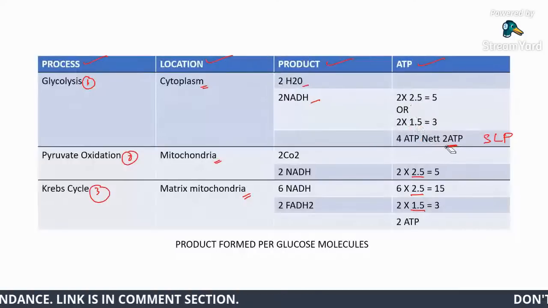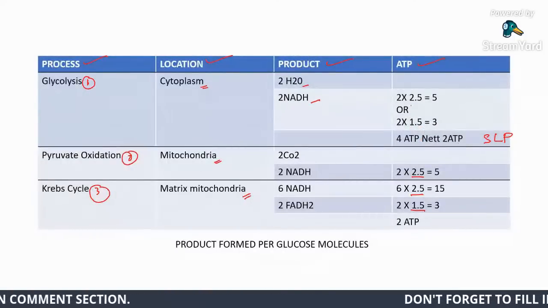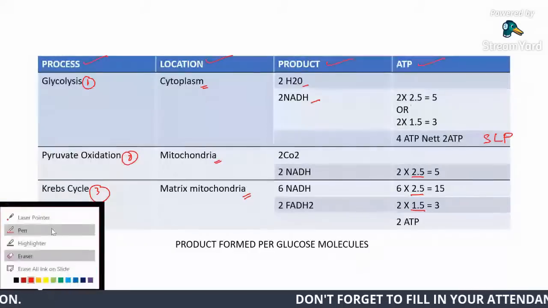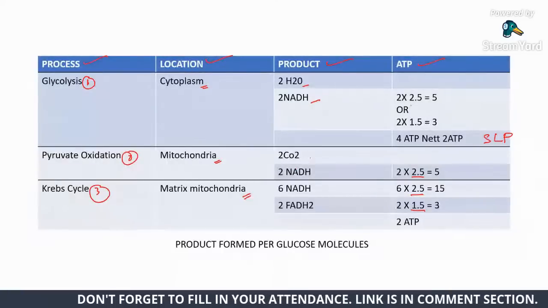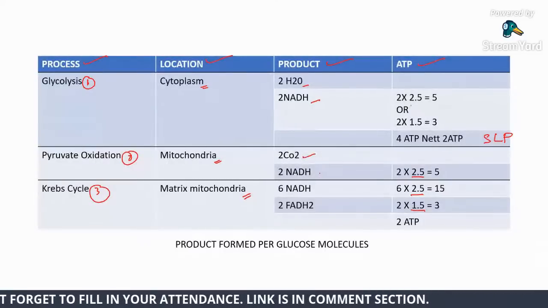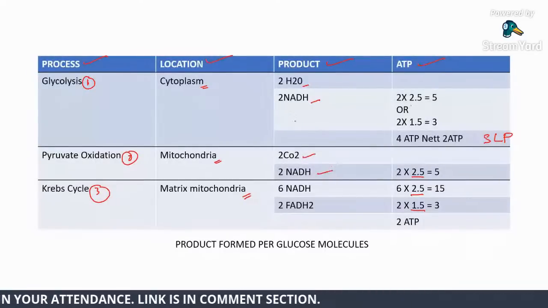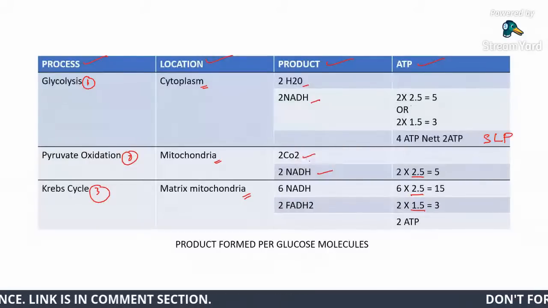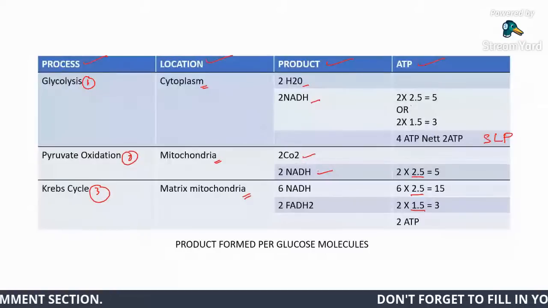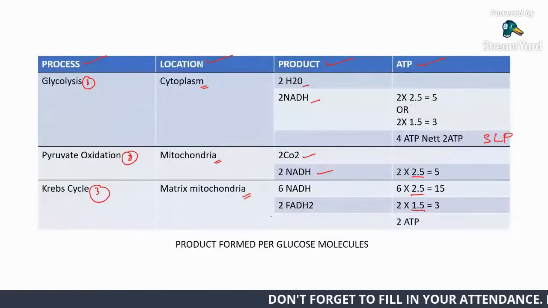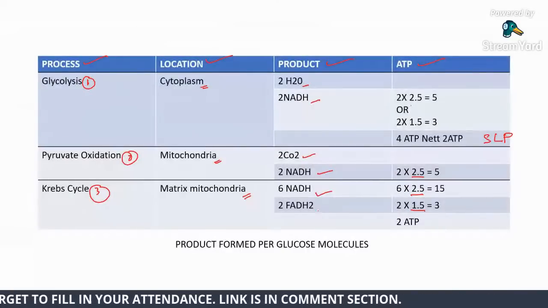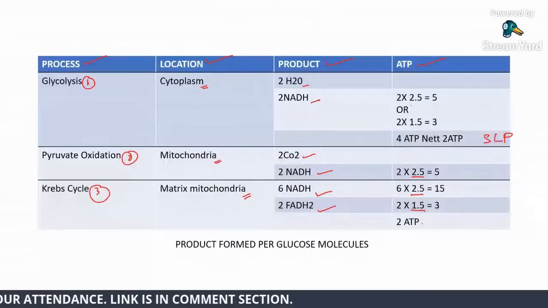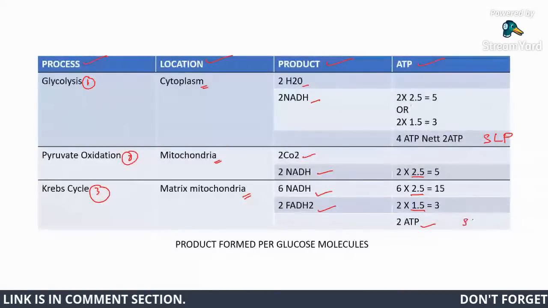So let's look at the mitochondria. In pyruvate oxidation, it will produce CO2 and NADH. Okay, and tak ada ATP diproduce di sini. Right, hanya ada NADH saja. Right, and next in Krebs cycle, so it will form 6 NADH, 2 FADH2, and it will form 2 ATP by substrate level phosphorylation.